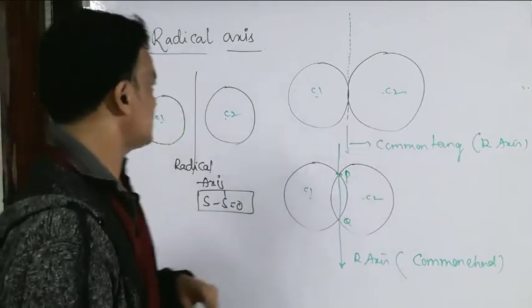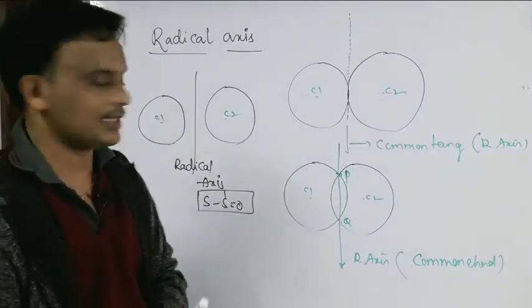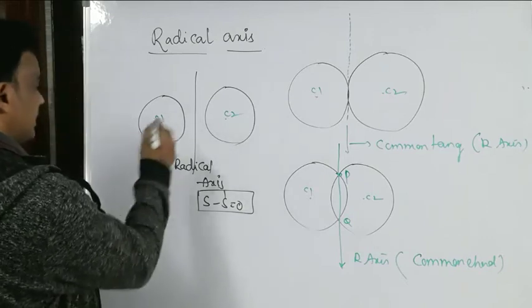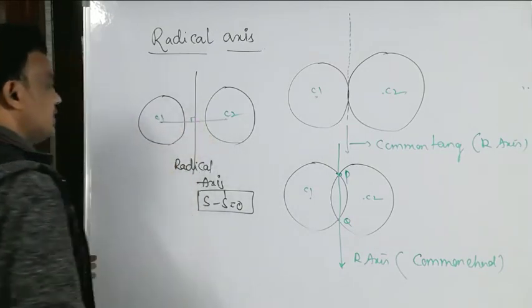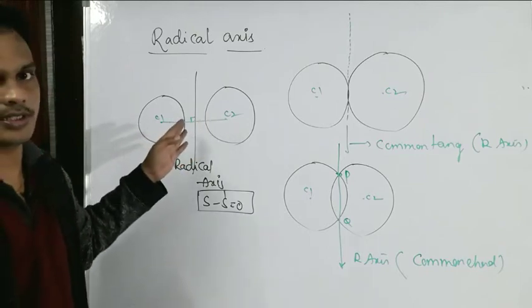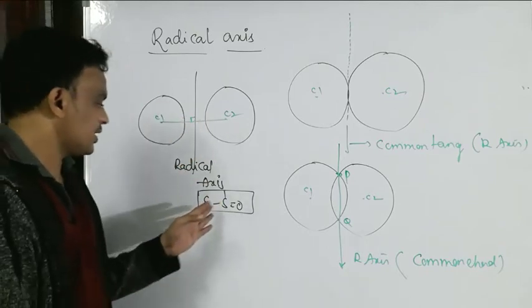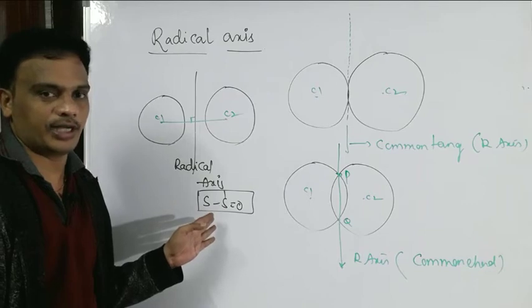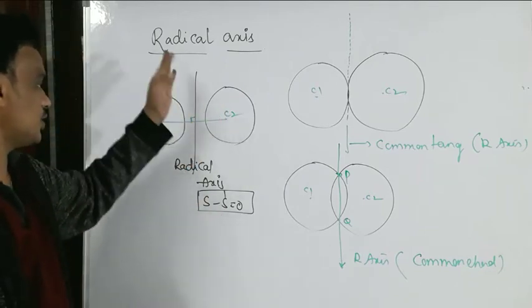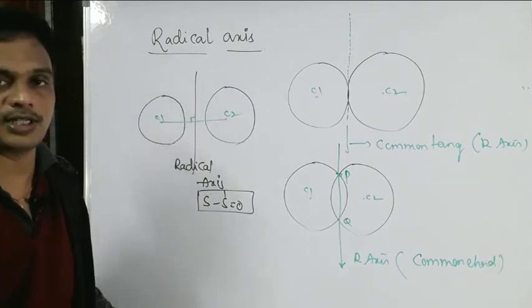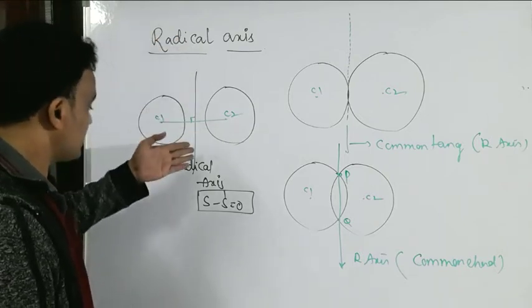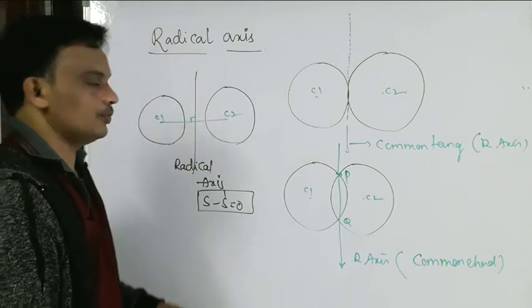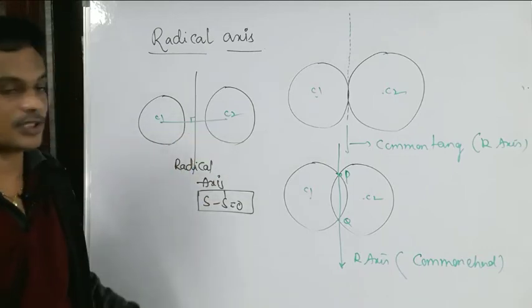Okay. Let us see some properties of the radical axis. This radical axis is always perpendicular to the line joining the two centers of the circles. Of course, by checking this, the slope of the line S minus S dash and the slope of C1C2 should be perpendicular, with the product equal to -1. Then you can say the radical axis is always perpendicular to the line joining the centers of the circles.